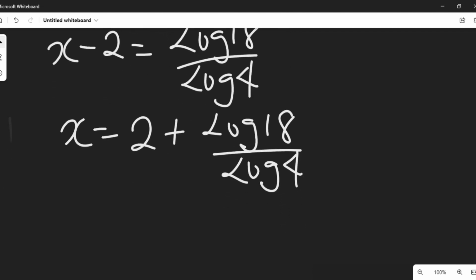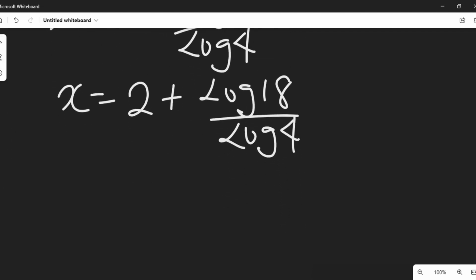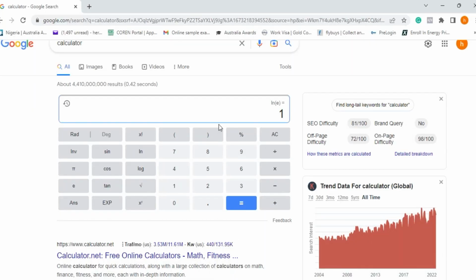So we'll point our calculator to find out the values of log of 4 and log of 18. If we check our calculator, we find the log of 18 to be this value, and we divide that by the log of 4, which gives us this value.